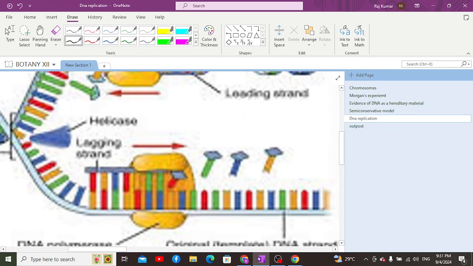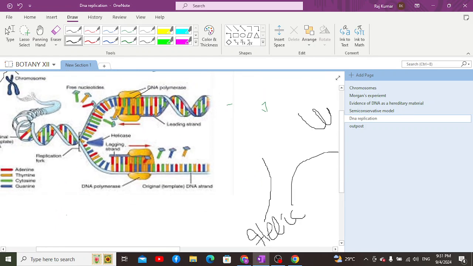Now, as the helicase enzyme acts on the DNA strands from the 5 prime to 3 prime side, at the same moment, the breaking of hydrogen bonds from one end creates tension in the DNA strand on the opposite side, from 3 prime to 5 prime.